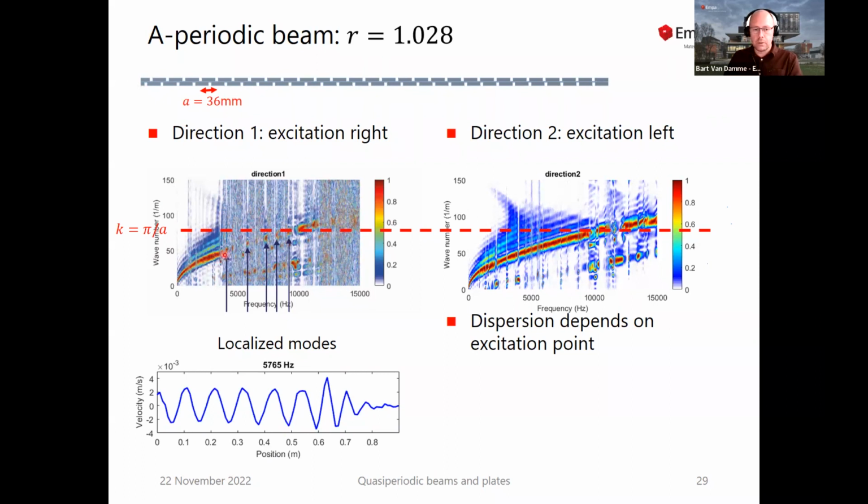This really takes into account the wave propagation along the entire length of the beam. So it's not really dispersion because it's not infinite, but it shows how the waves propagate. So it's really a relation between frequency and wave number for this particular section of the beam. So it does give a bit more information than only the transmission coefficient.